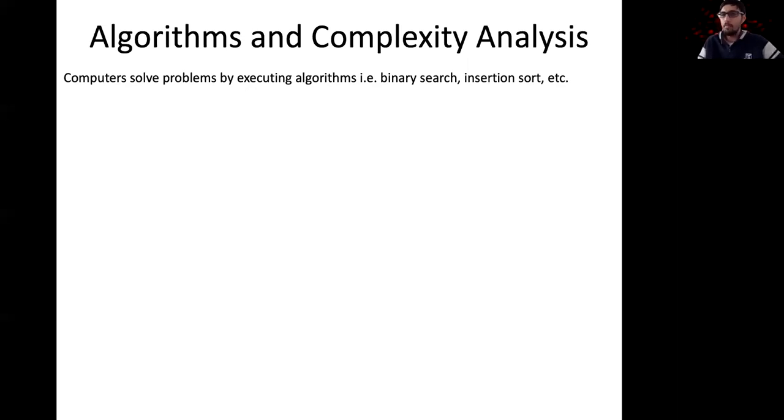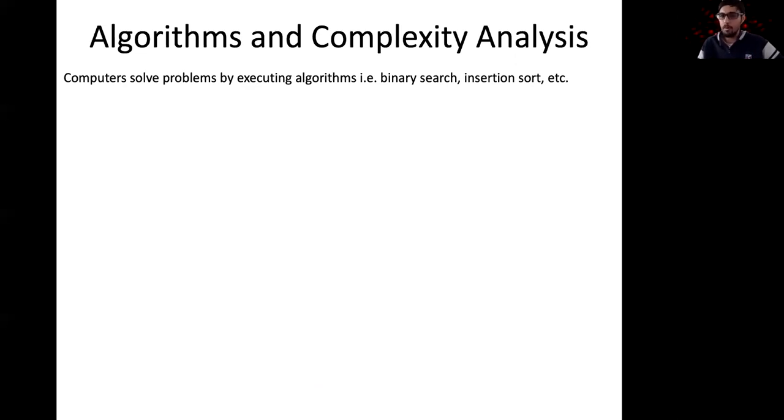For example, the binary search algorithm: if you have sorted data and you want to find a particular entry, binary search finds a particular data element. Or insertion sort: you have unsorted data you want to sort, and when insertion sort runs on your data set, it will sort all the entries in proper order.